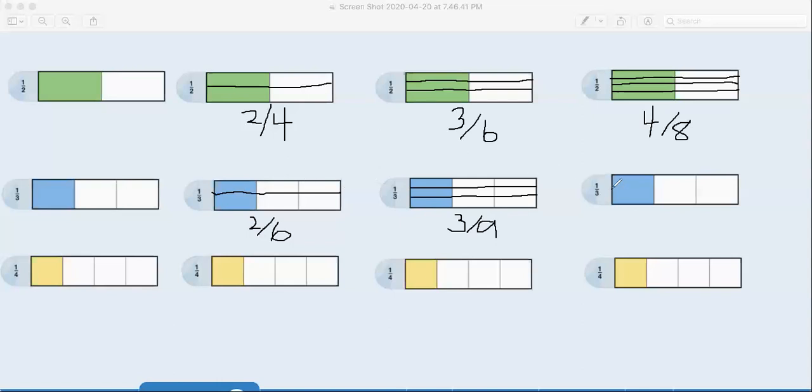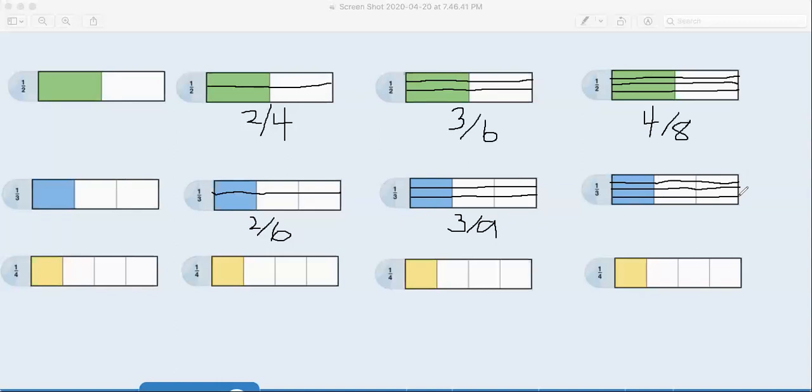And we're gonna do one more. I'm going to cut the 1/3 in half. And remember, when we cut halves in halves, we get 4 equal parts, right? So let's pretend that I was able to cut it, same part. So again, the question I wanna ask my students is, what's the same?